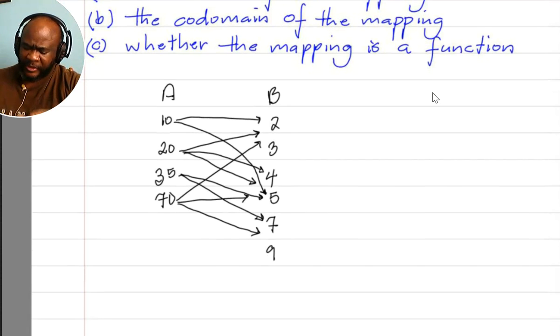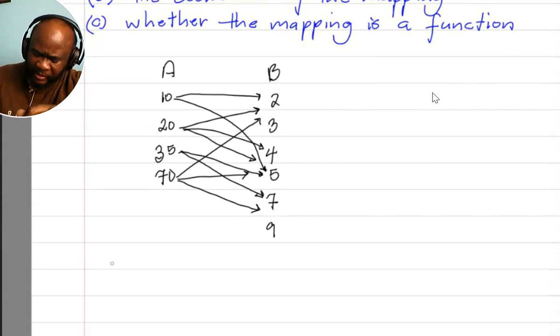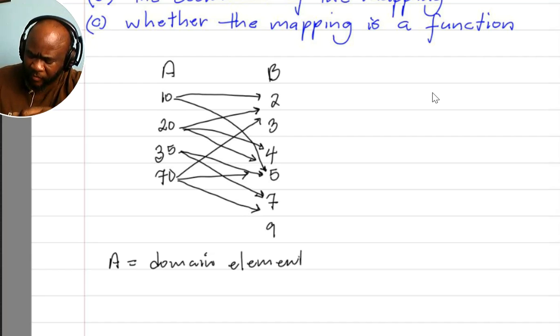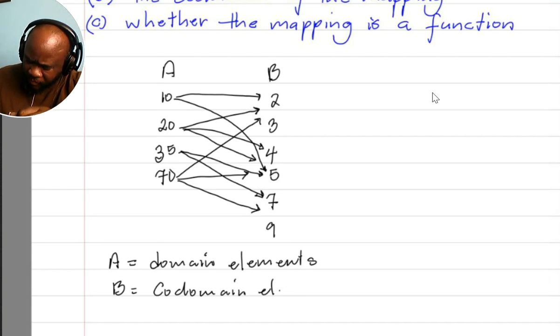From just looking at this, I would say that the elements of A are my domain elements. The elements in B are the codomain elements. And I can say that this relation is not a function.